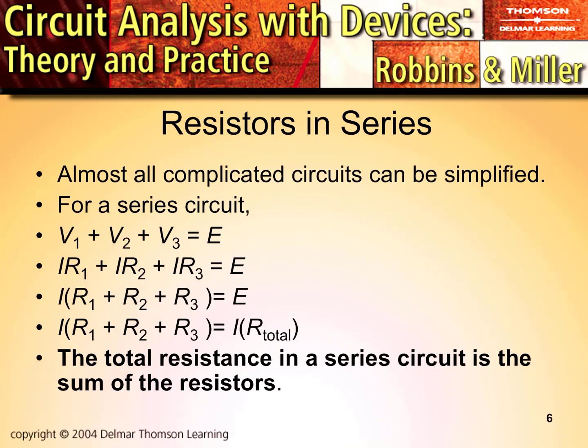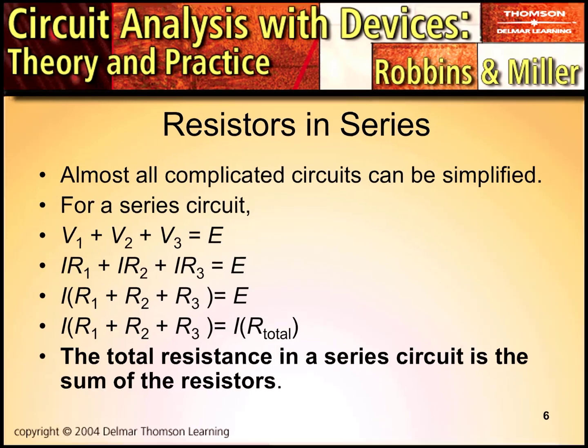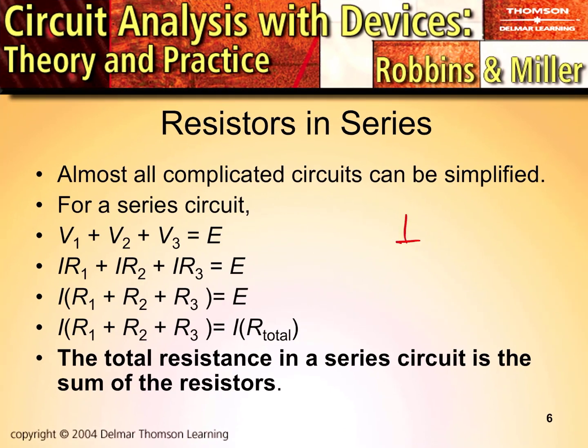Like it says, almost all complicated circuits can be simplified. And so when it comes to a series circuit, we said the series circuit was the most simplified example of any circuit. And we'll do that in circuits going forward. We'll simplify a circuit right down to an E total value, indicating the total motivating force, or the total applied voltage, and in series with the total amount of opposition, where we'll call that R total.